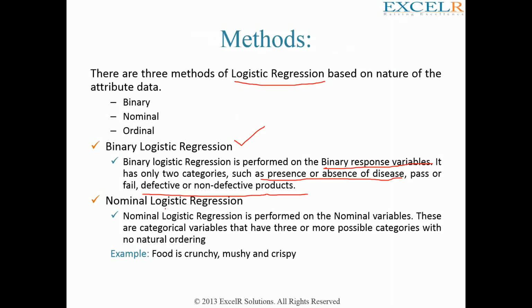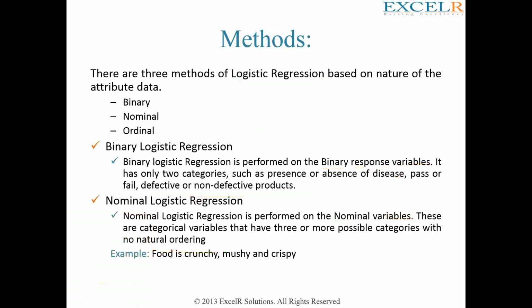Nominal logistic regression is performed on nominal variables, which are once again categorical variables that have three or more possible categories with no natural ordering.